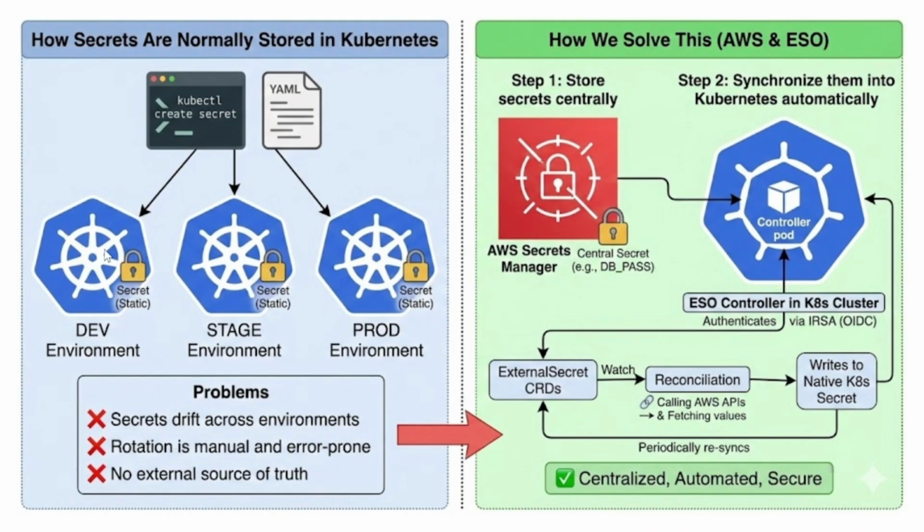So here, we will leverage AWS Secrets Manager in order to create the secrets on Kubernetes. First thing is store. As usual, we will store the secrets necessary for Kubernetes, for my application. Then synchronize them into Kubernetes automatically with the help of ESO, the External Secrets Operator.